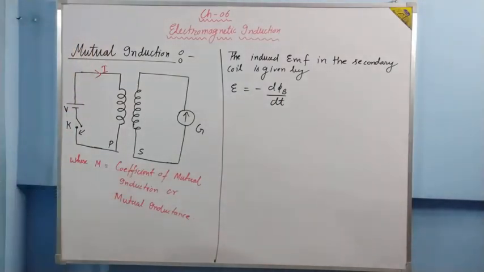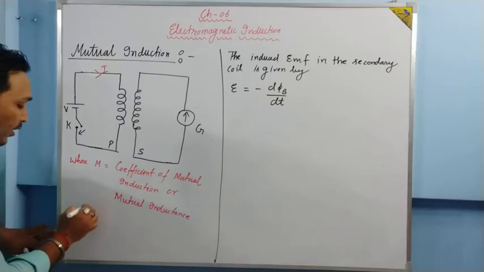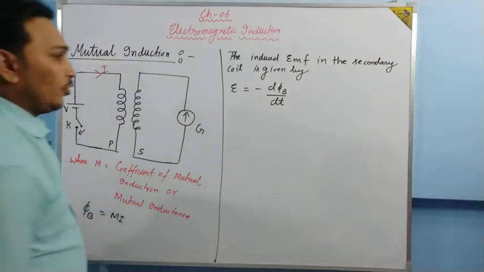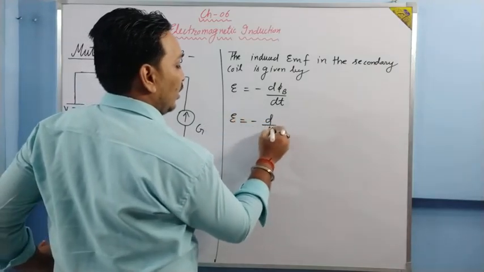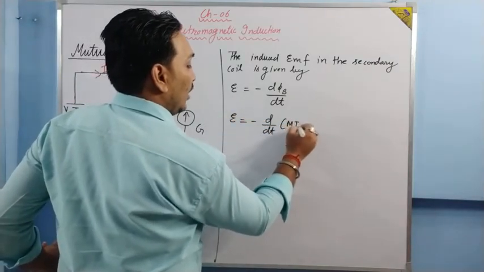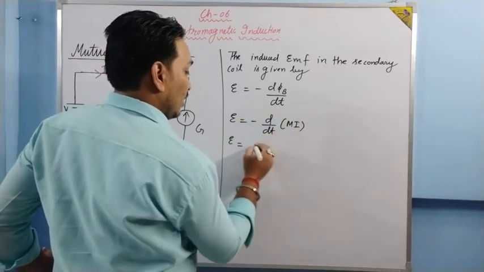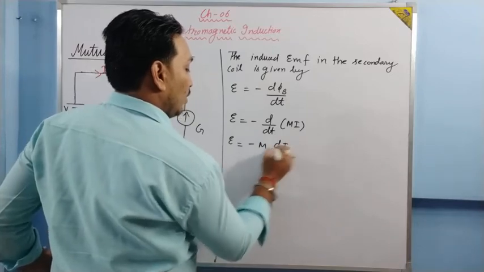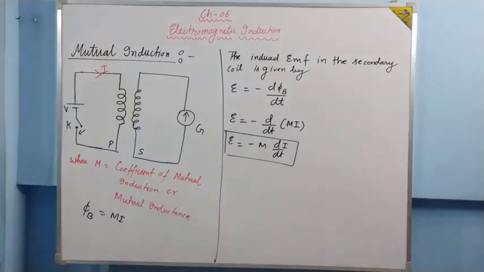This is the formula. And what is the value of phi B? Just now we have calculated, it was equal to M into I. So let us put it over there. It will be E is equal to minus d by dt of M I. M will be out of the differentiation because it is constant. We are going to have M d by dt of I. Basically EMF will be minus M dI by dt.